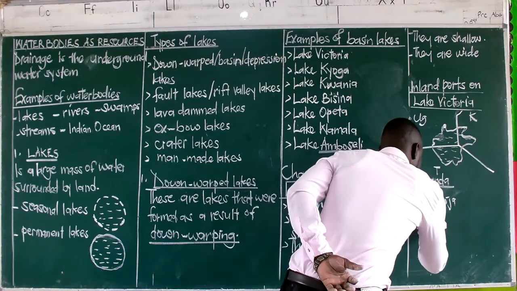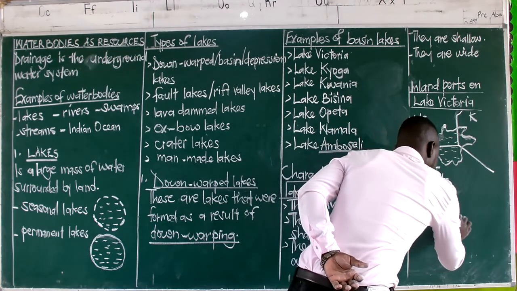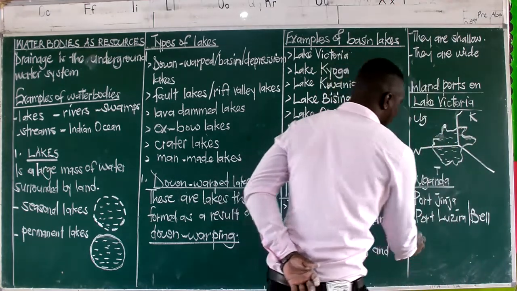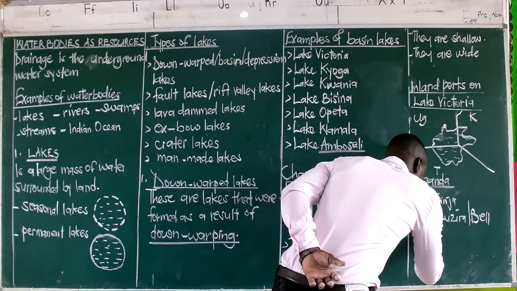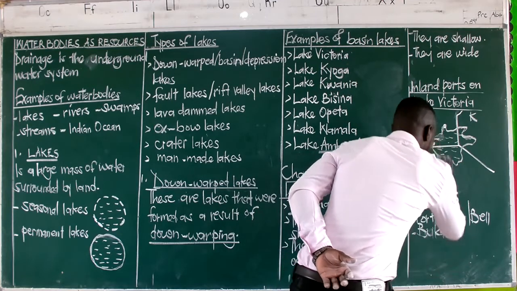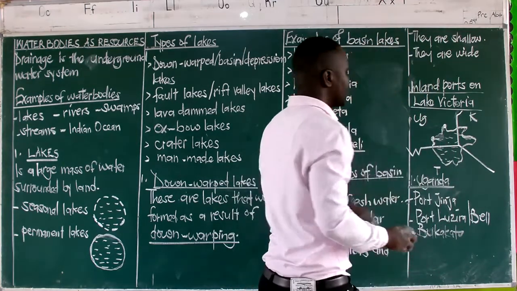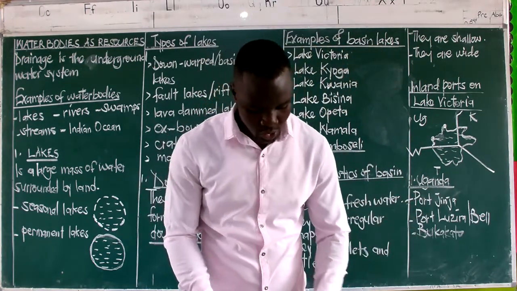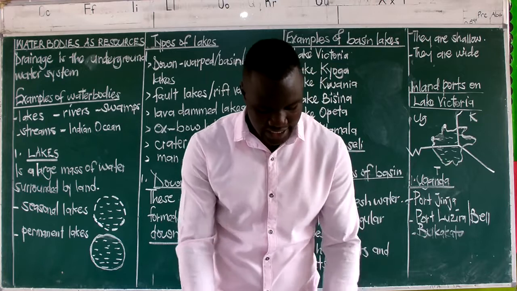Okay. We have Port Luzira. This is what we call Port Bell. And then we have Port Bukakata, around here. And then we have Port Entebbe. We also have Port Kalangala.